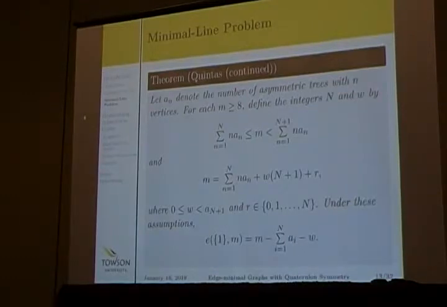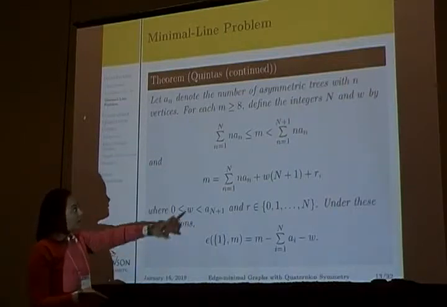If M is larger than 7, then the edge minimal graph is going to depend on the number of asymmetric trees on n vertices, and so we'll denote that by an. So for each integer larger than or equal to 8, we're going to define 2 new integers.